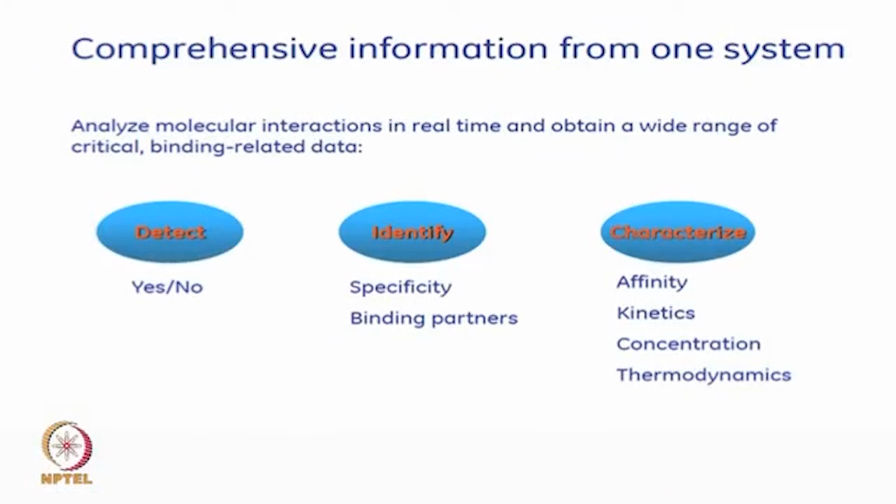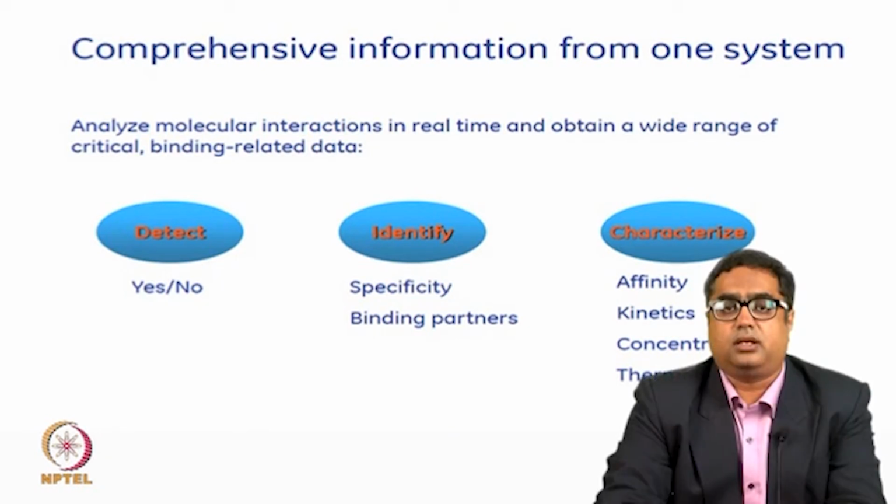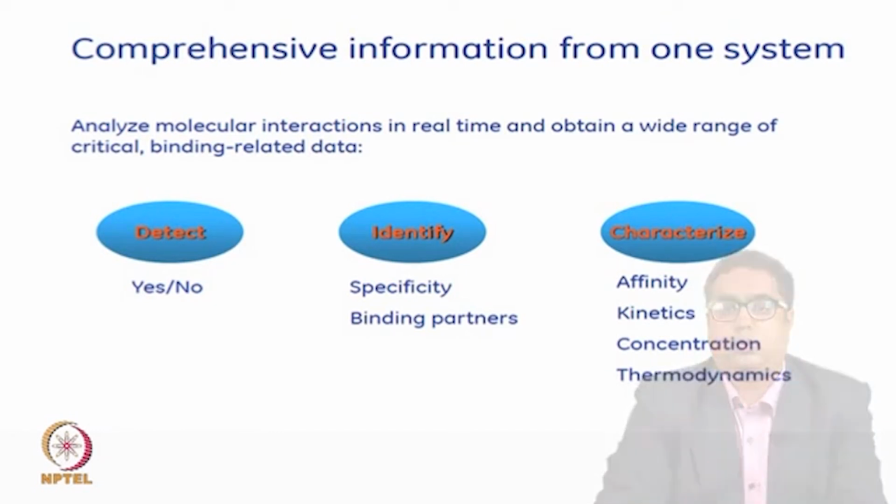From this kind of experimentation, the comprehensive information that one will generate are: detect, that means yes and no binding; identify the binding partners; identify the specific binding; and characterize the binding by different events like affinity, which is how tight or how weak the binding is; kinetics, how fast or how slow the binding is; concentration, which is how much amount of our analyte is bound to the ligand; and thermodynamics, how kinetics changes as a function of temperature.